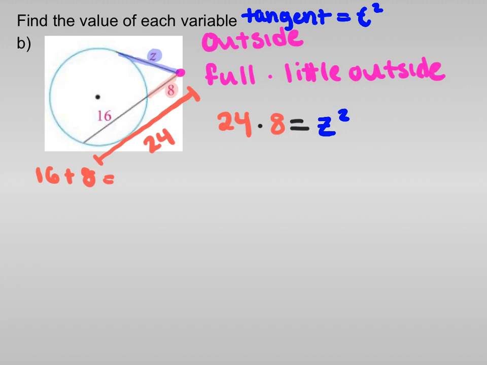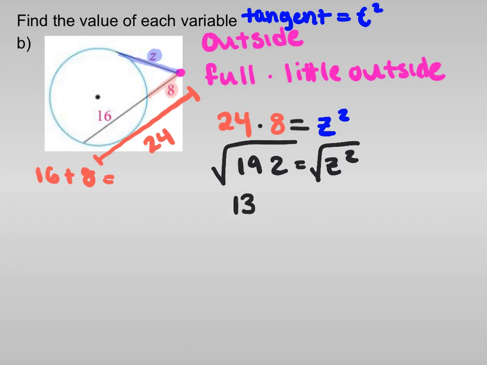Now if I want to solve, I can multiply 24 times 8, which gives you a value of 192 equals z squared. And then to finish solving, you have to take the square root of both sides. So if you take the square root, it gives you a value of 13.86 equals z.